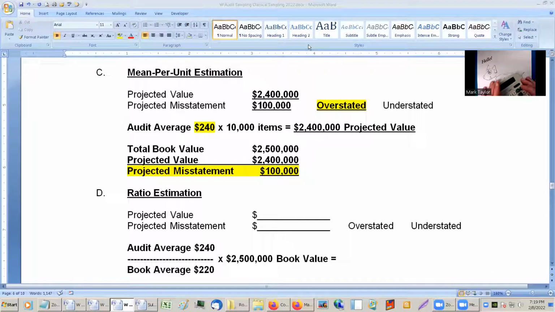So 240 divided by 220 equals 2,700,000, something, that number. All right. 273, I think.